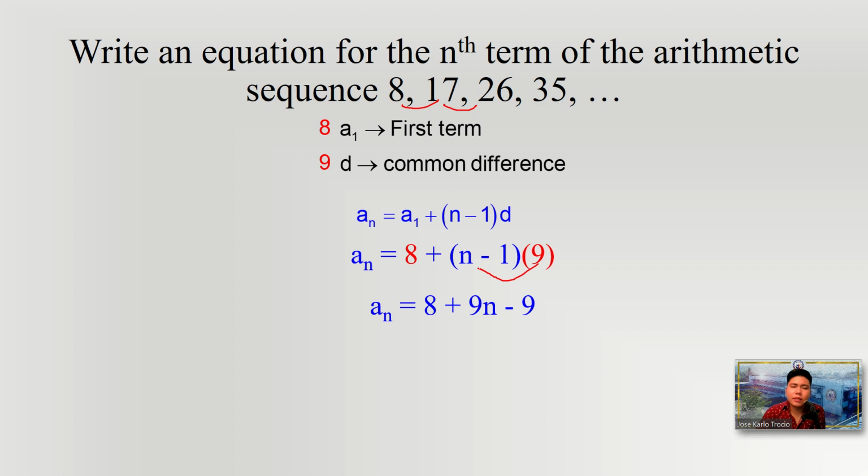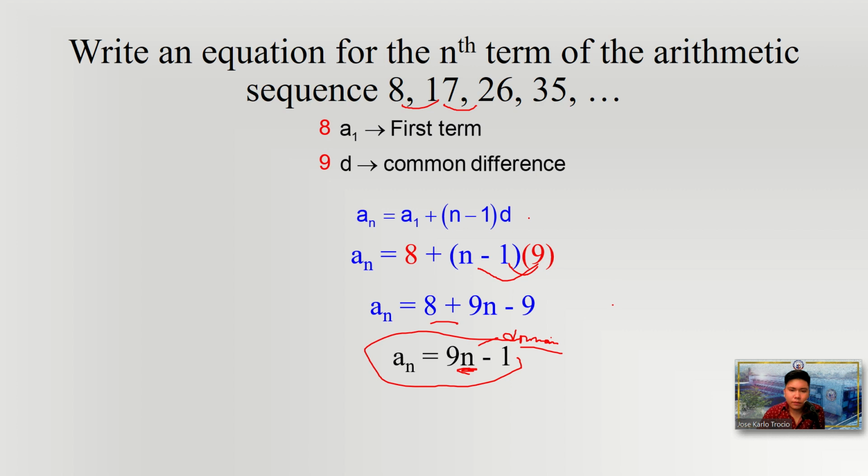Multiply: 9 times n, 9n, and negative 9. 8 minus 9, negative 1. And that's it. Make sure to leave n. Do not touch the n, because, as you know, this is the domain, in which you can substitute to get the terms.